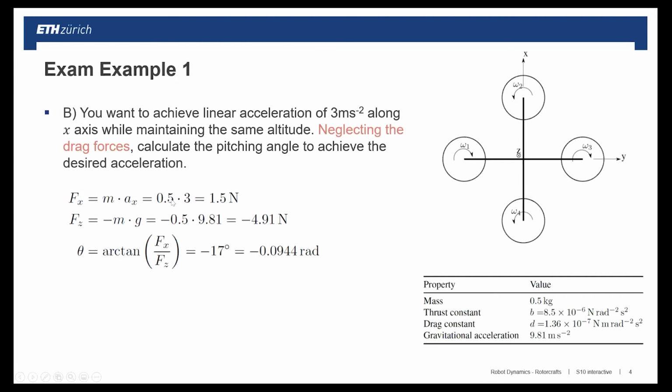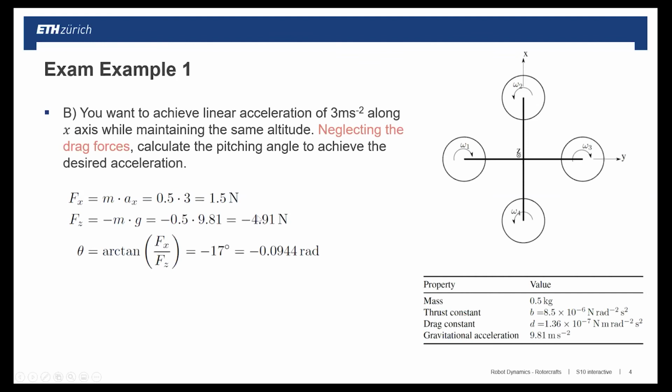For getting an acceleration, the force you have to generate is the mass multiplied by the acceleration in this direction, so m multiplied by ax. You know the mass, you know the acceleration, which is given for this exercise, and then you can calculate the force in x direction. You can also easily calculate the force in z direction.